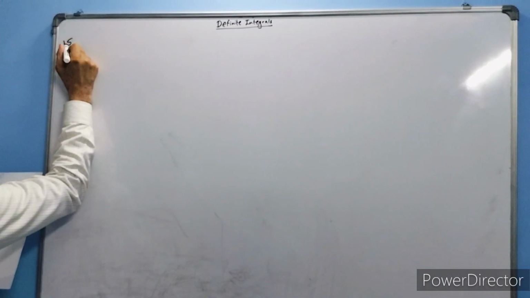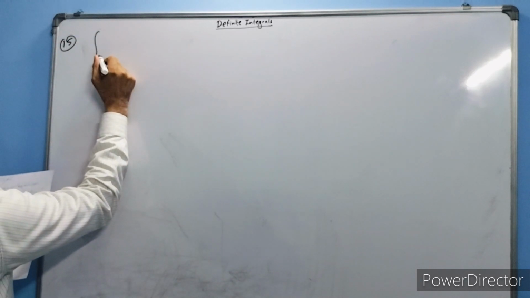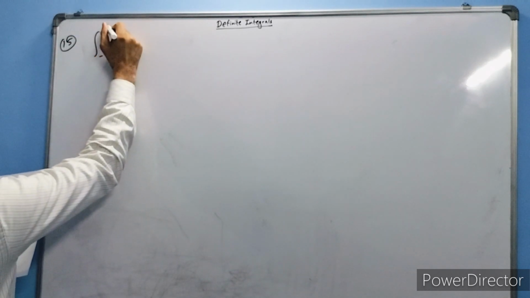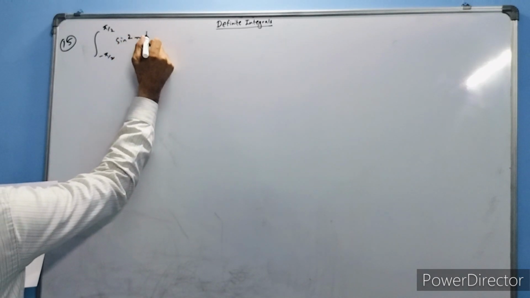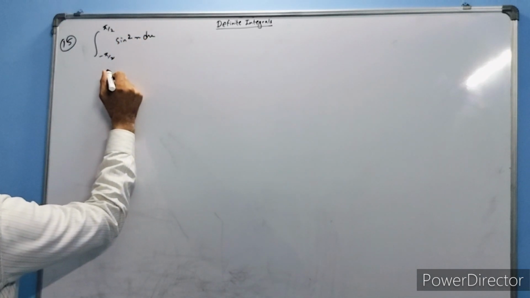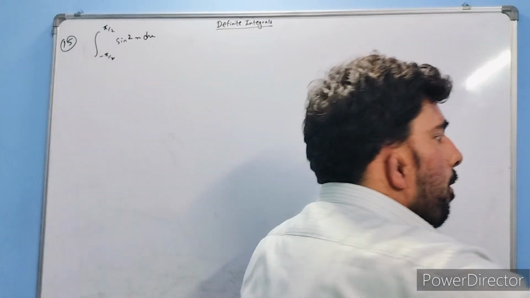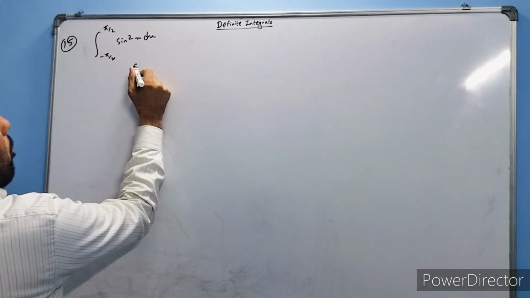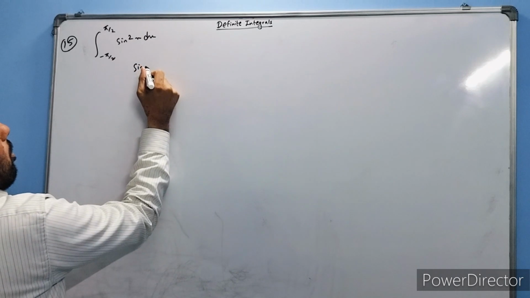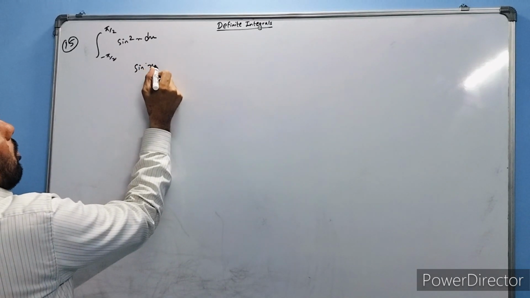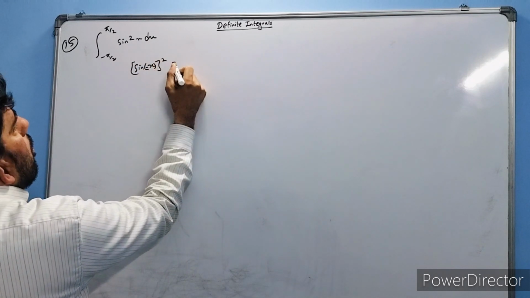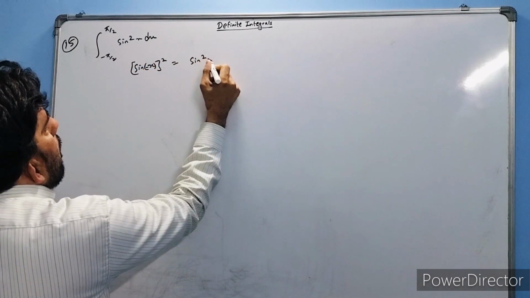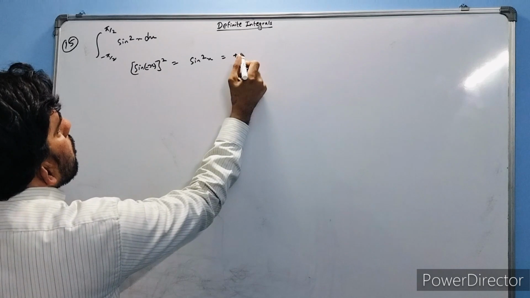I have the 15th question, that is, the integral from minus pi by 2 to pi by 2 of sin square x dx. This is a very easy one. We can take minus x whole square, which will be sin square x, that is a positive function.